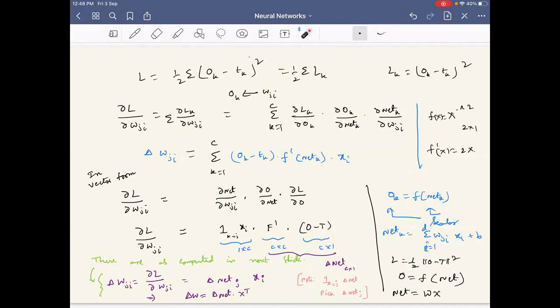Okay, so given this, let us now write dou L by dou Wj. Here we are writing the derivative of a scalar function L with respect to the vector element Wj, right? So this can be written through the chain rule in vector form.